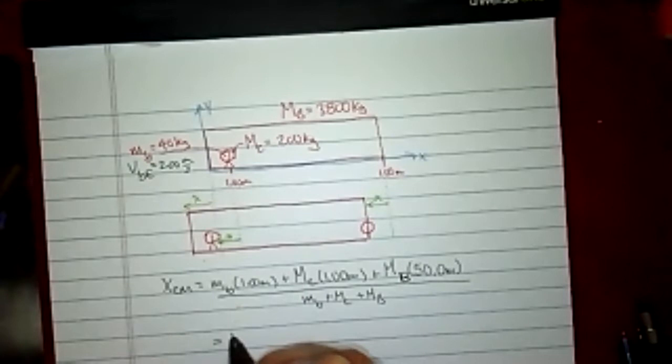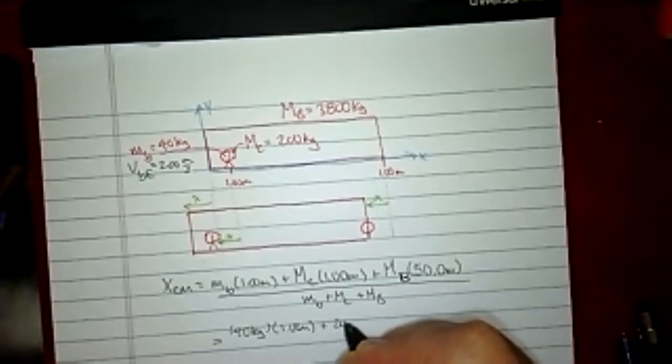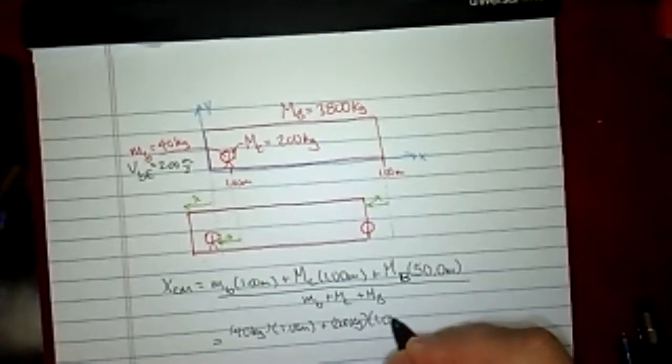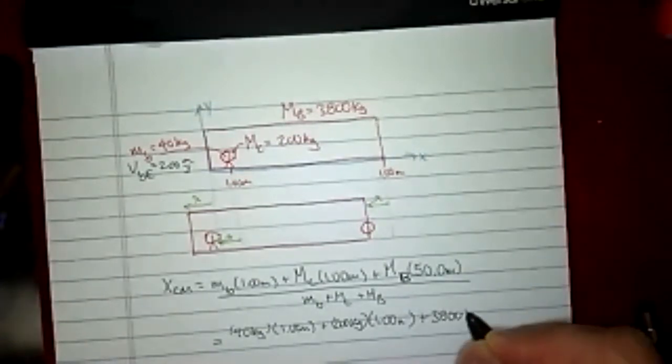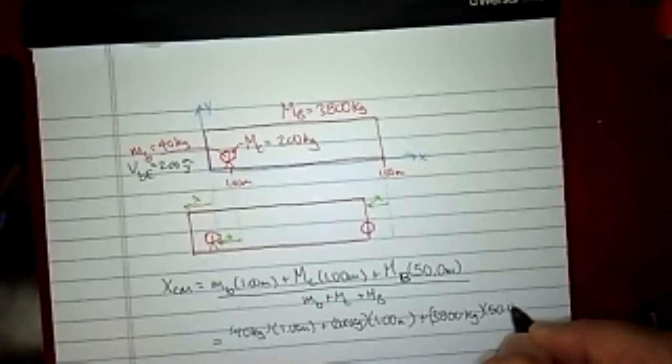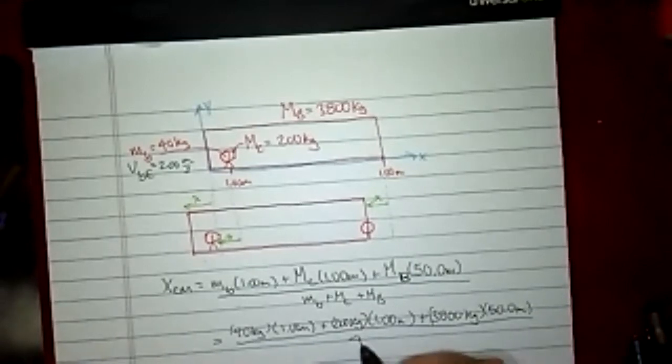I have 40 kilograms times 1.00 meters plus 200 kilograms times 1.00 meters plus 3,800 kilograms times 50.0 meters, and all that will be divided by 4,040 kilograms.